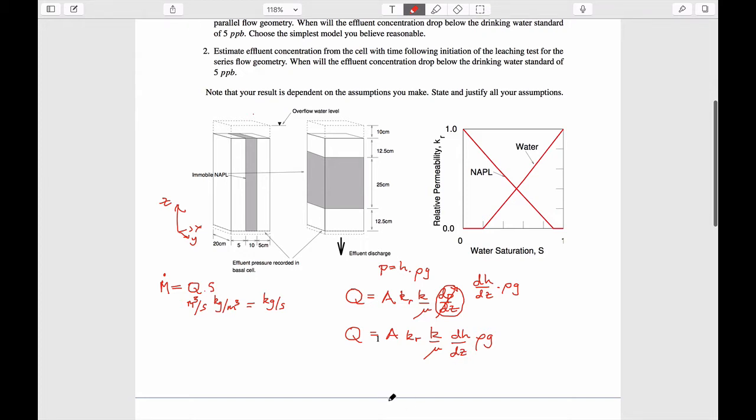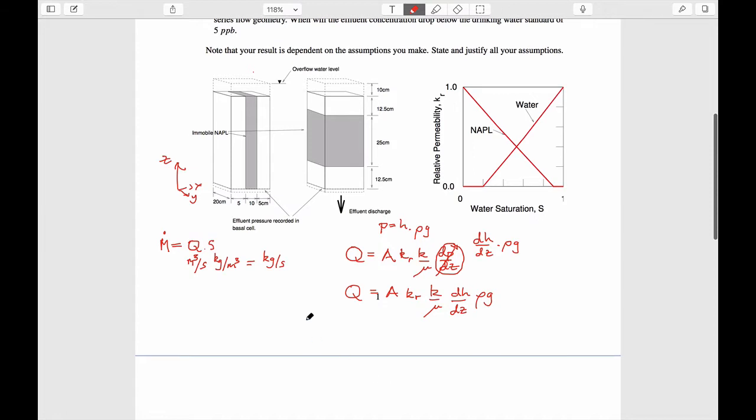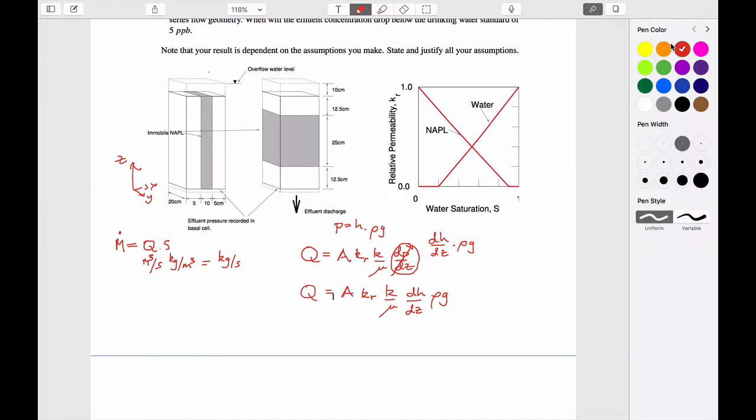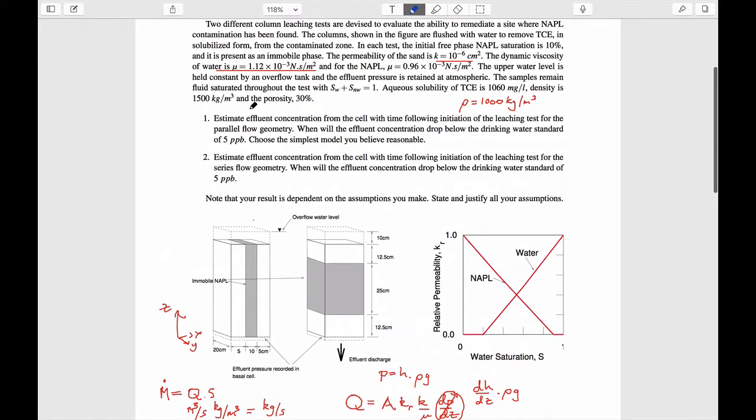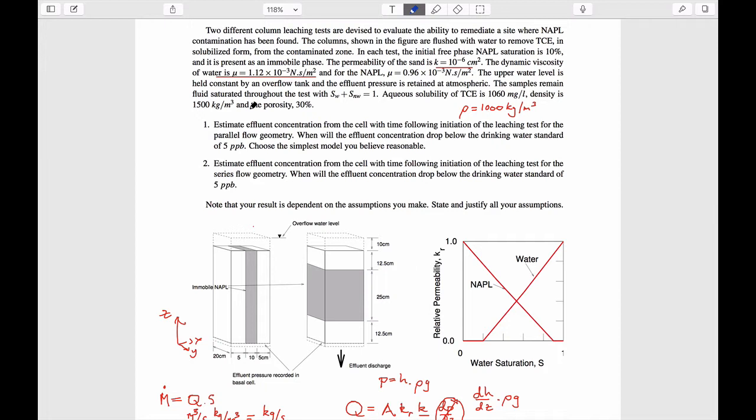So if we were interested to know exactly what comes out of this, then what do we need to know? You can imagine that there's a portion that's coming out of the stripe of this material here, and the other thing that we know is an initial saturation.